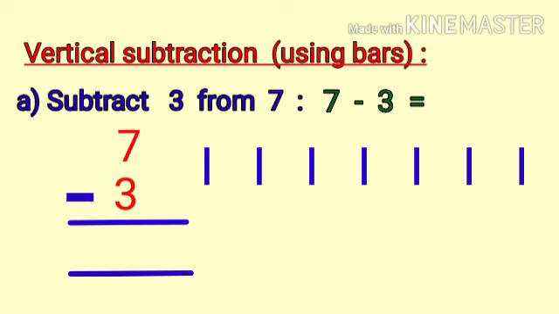So we should cross out 3 vertical bars from the 7 vertical bars we have taken. By counting the remaining vertical bars, we get 4. So, the result is 4. Here, by taking 7 minus 3, we get 4. Is it clear, children? 7 minus 3 is equal to 4.